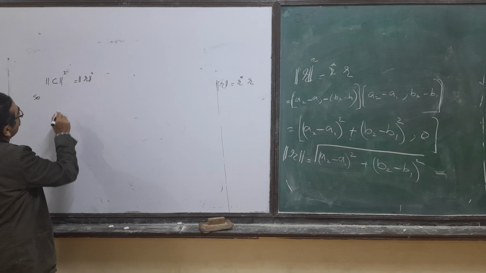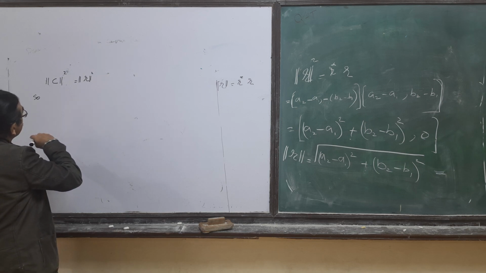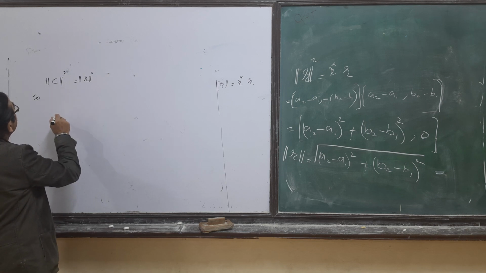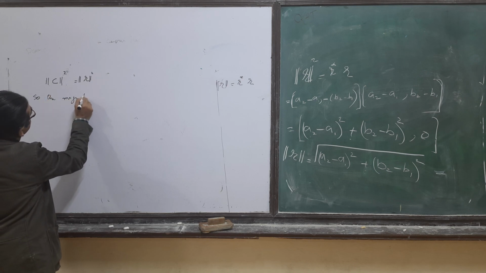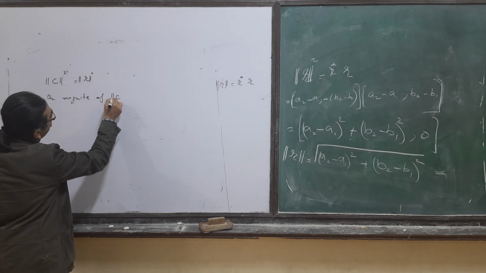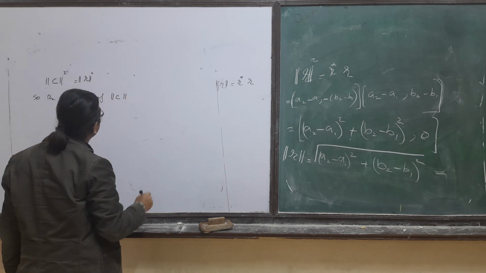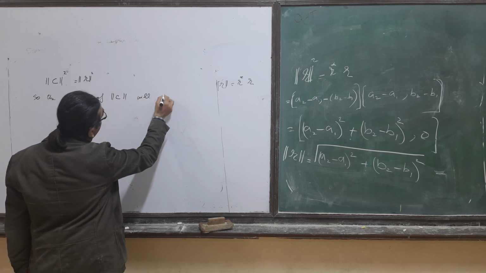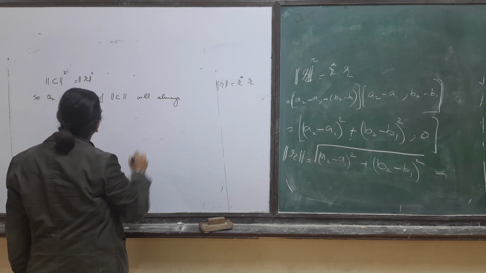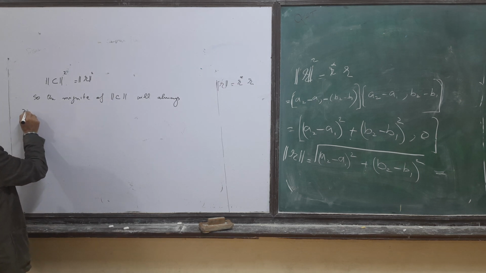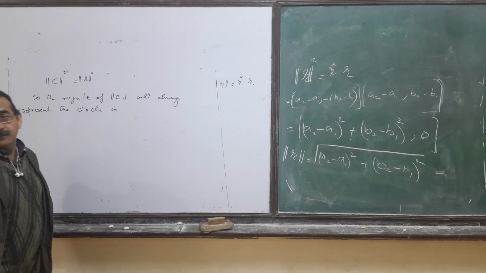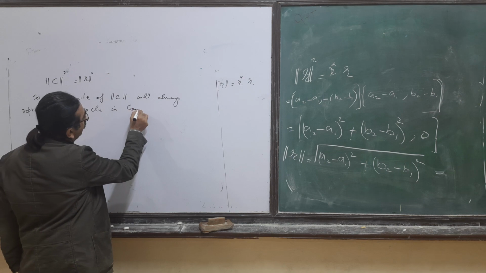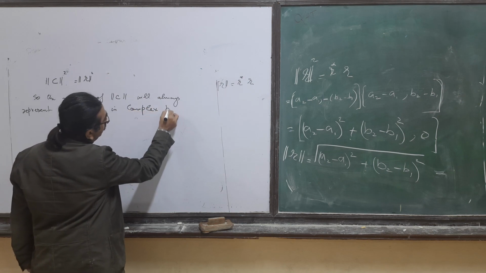So the magnitude of C will always represent a circle in the complex plane.